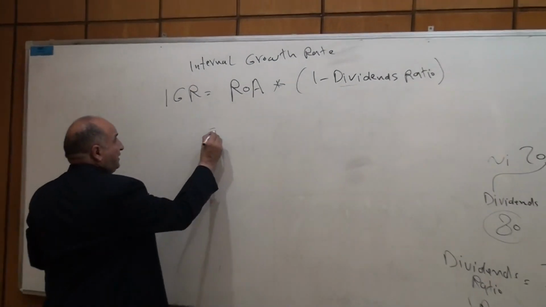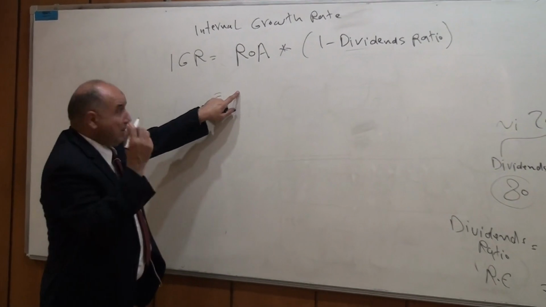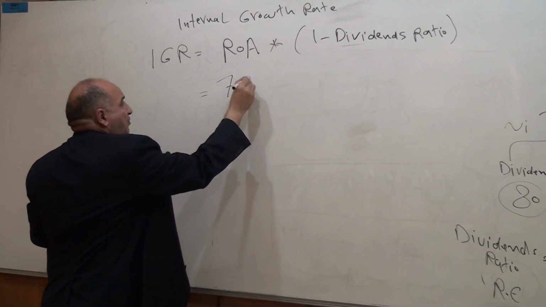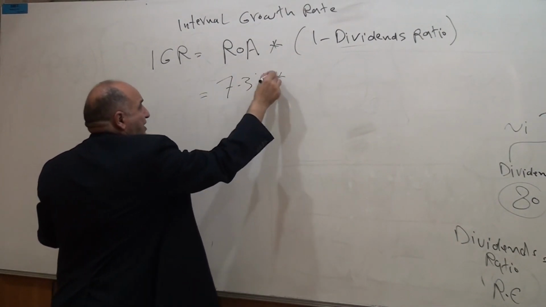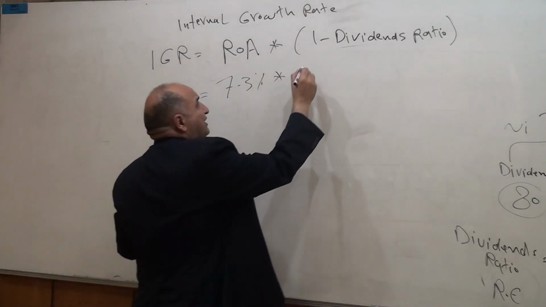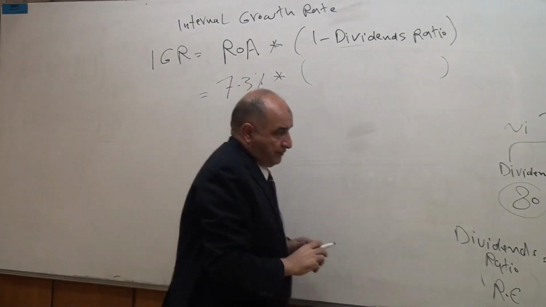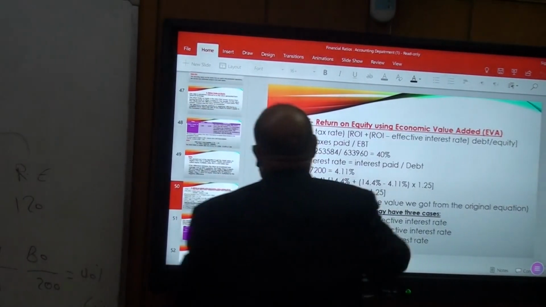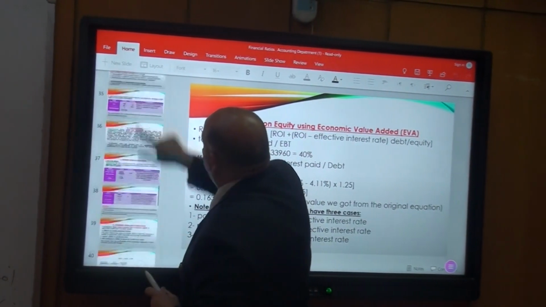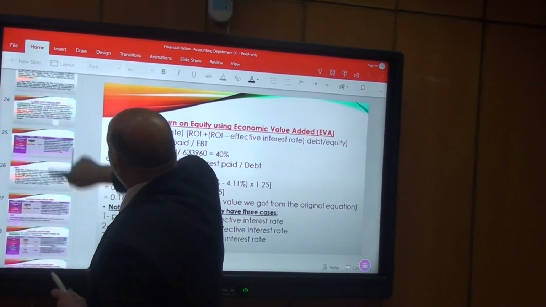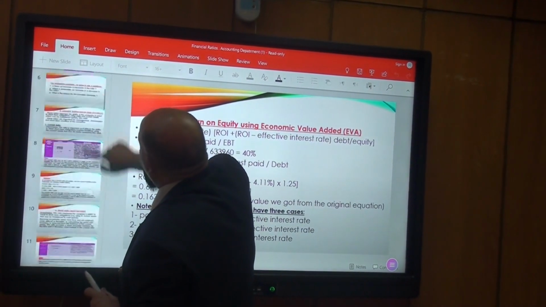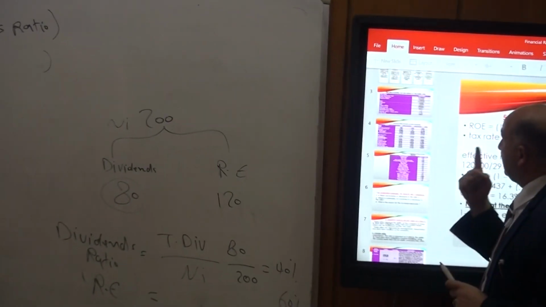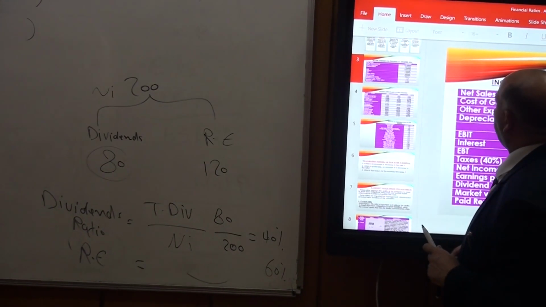Internal growth rate, in our case, remember, ROA was 7.3%, as I remember, multiplied by 1 minus the dividends ratio. We have to go back to our income statement to see how much the dividends are. It could be total dividends or it could be dividends per share.